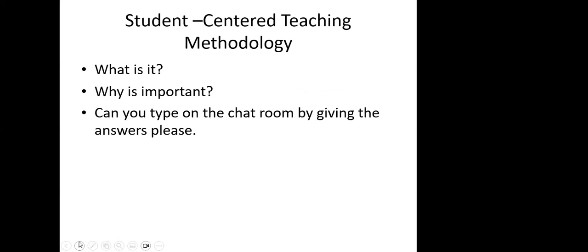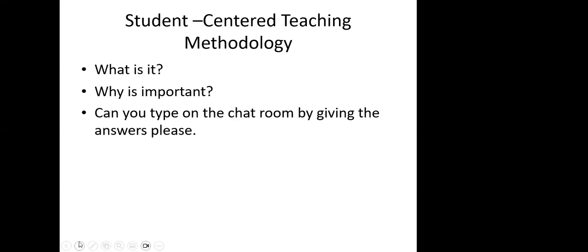Specifically, we are dealing with student-centered teaching methodology, and we are going to check out those 10 ways. How can we engage our students in our classes?